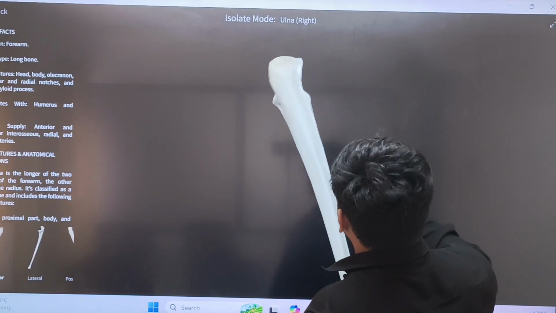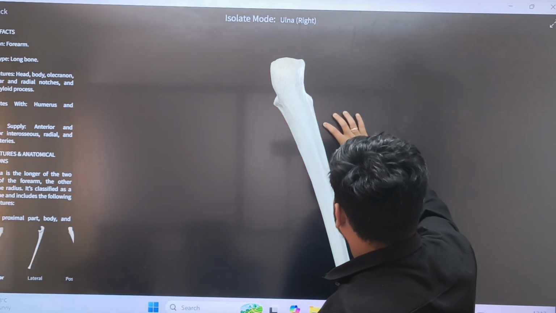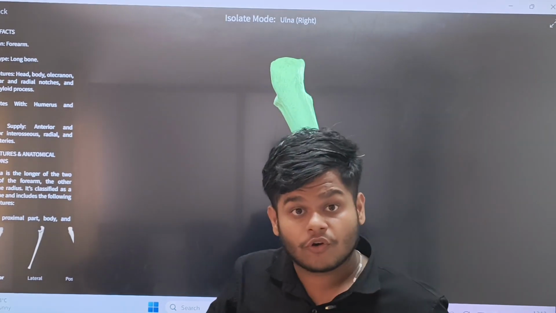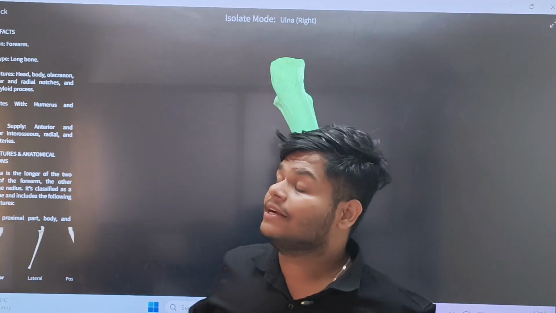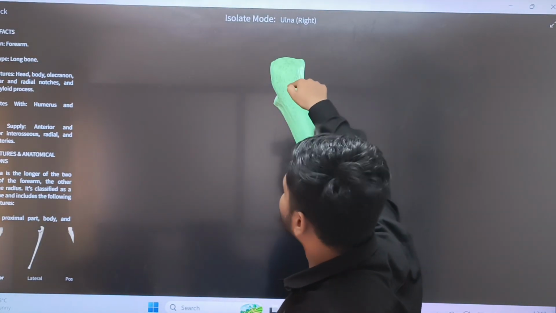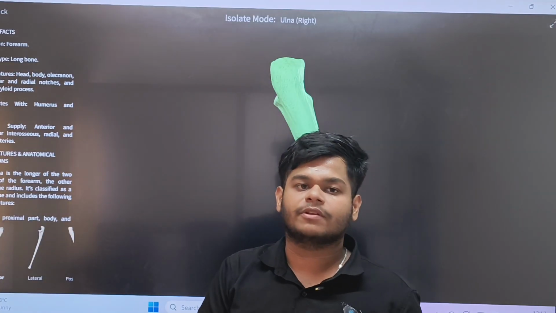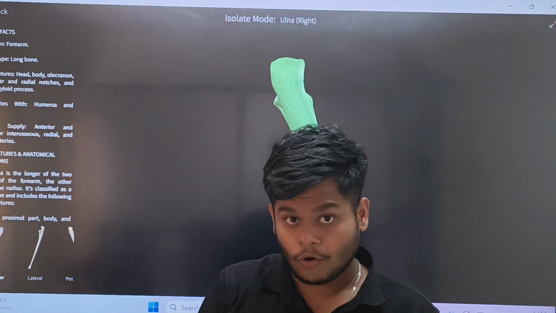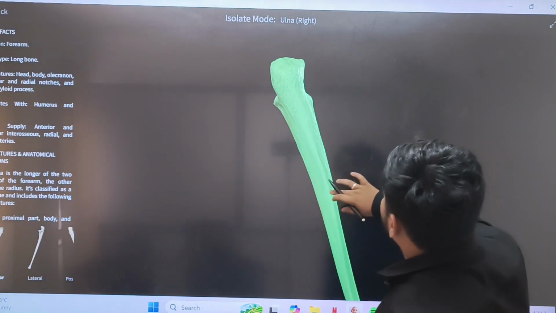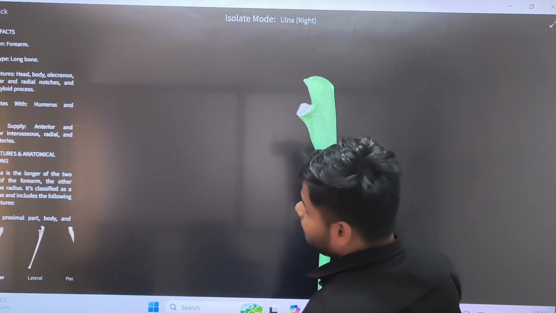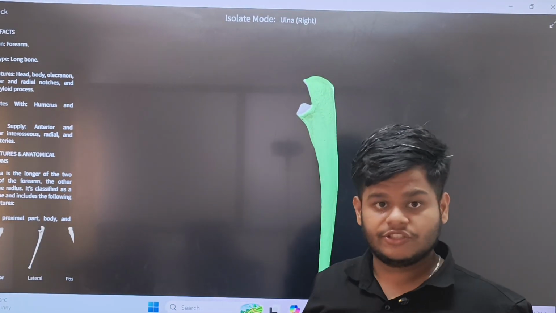Okay, this is the posterior surface. The posterior surface is a little bit triangular. It is subcutaneous throughout, and it is separated from the skin with the help of a bursa. Okay, this is the medial surface. The medial surface continues with the medial surface of the shaft, right?